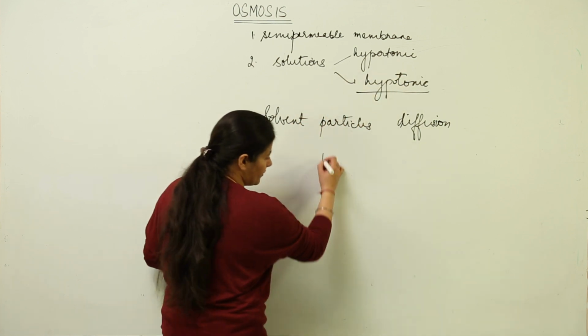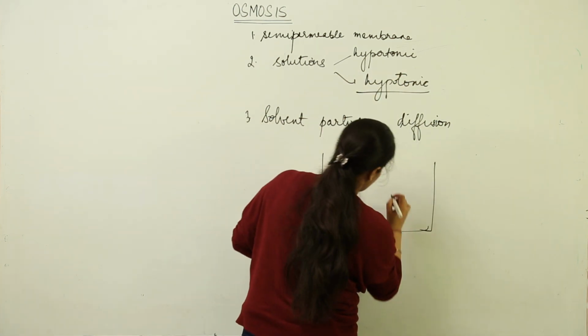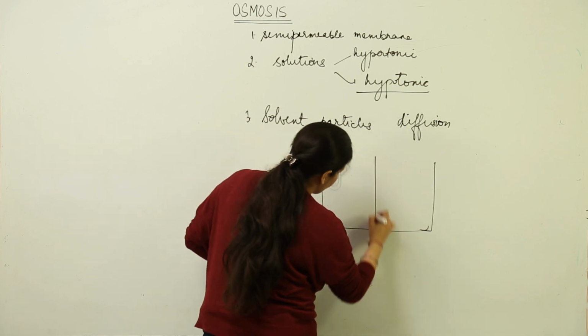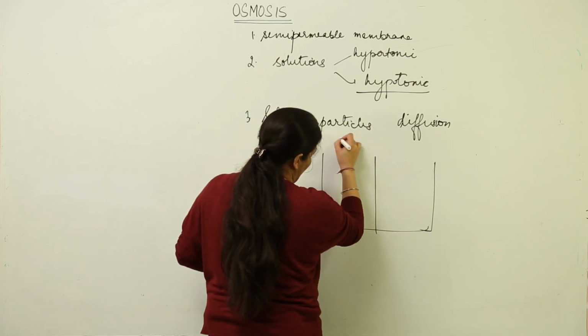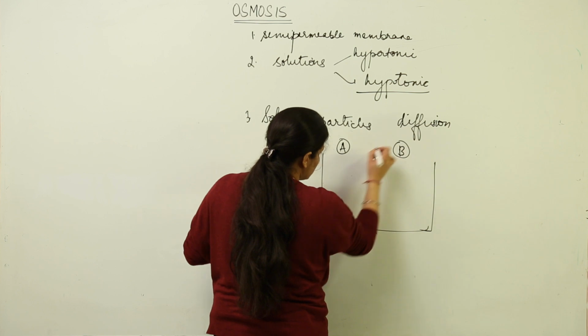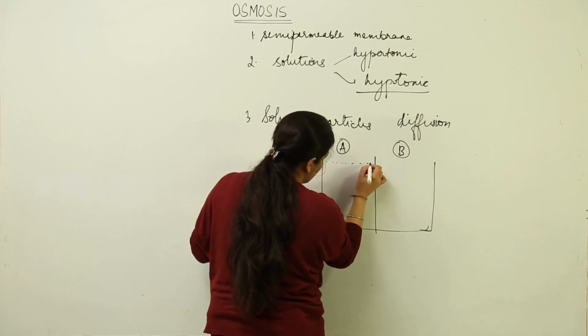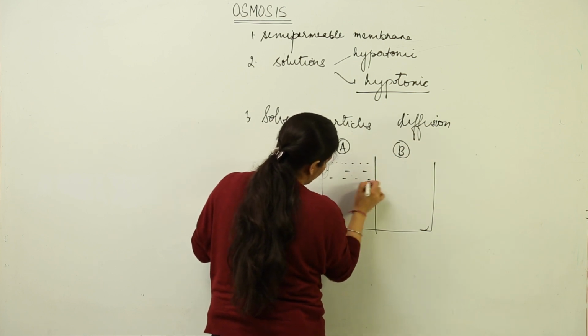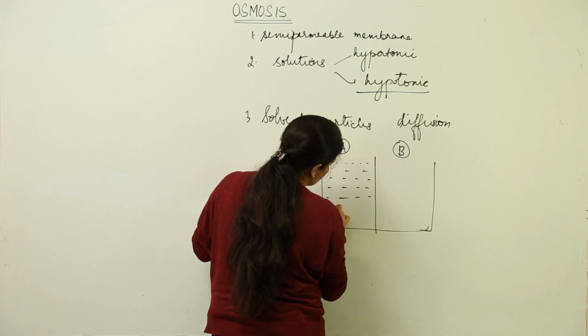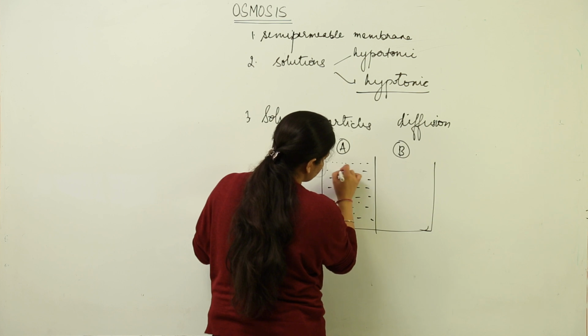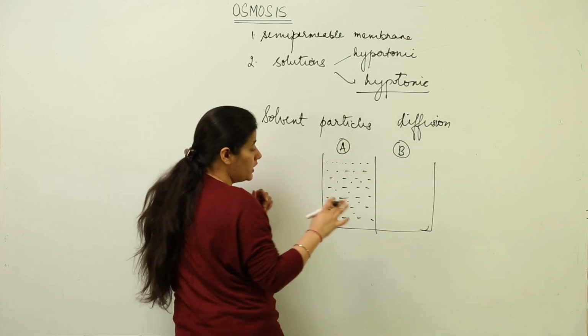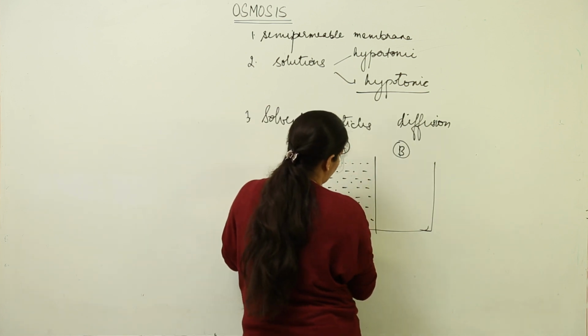Now see it diagrammatically. Supposedly this is a container, we have solution A and we have solution B. Solution A is hypertonic, that means it has more solute particles inside it like this, and less solvent. The molar concentration is higher for the solute.